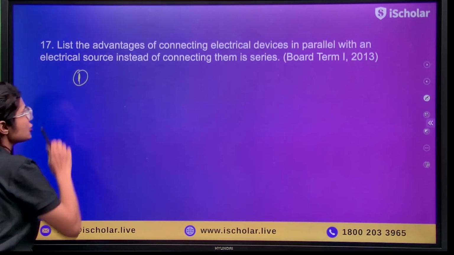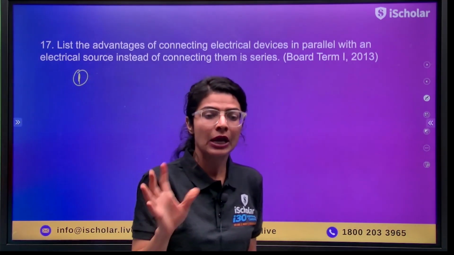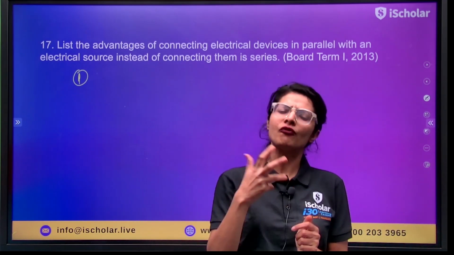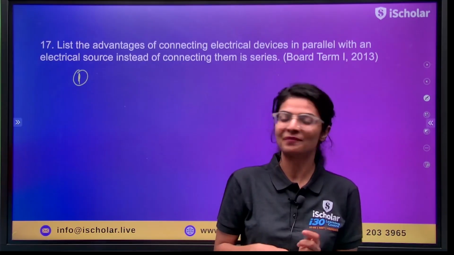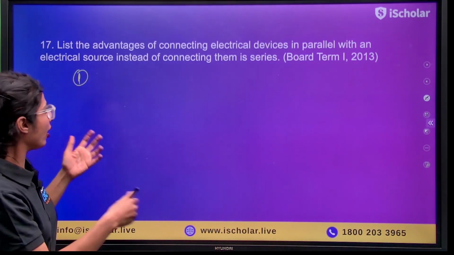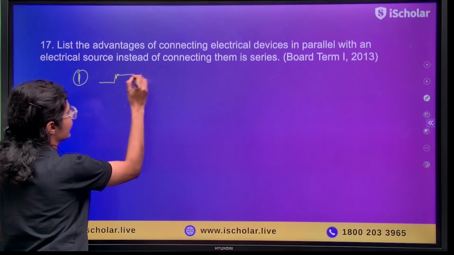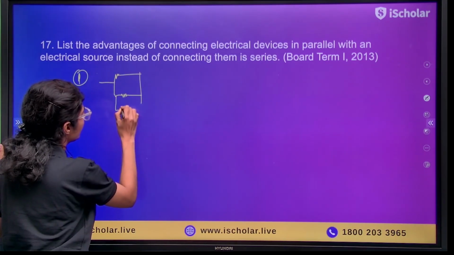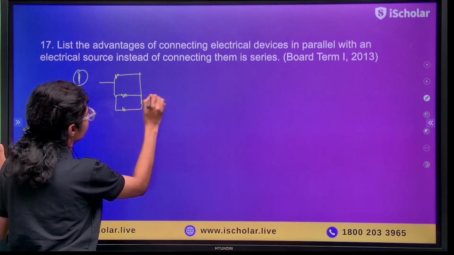First thing, all the apparatus in our homes are connected in parallel only. Now why do we connect them in parallel? Let's suppose these are different resistors, and they all are connected in parallel in such a way.